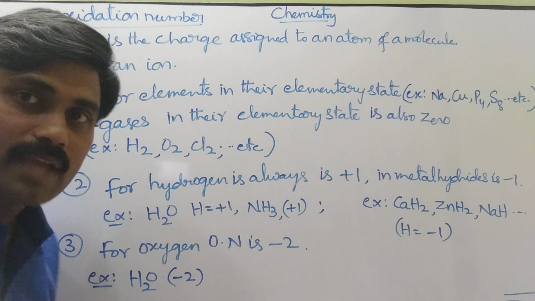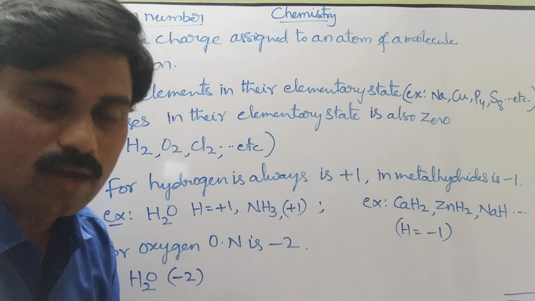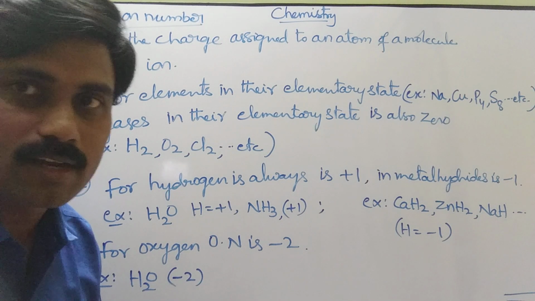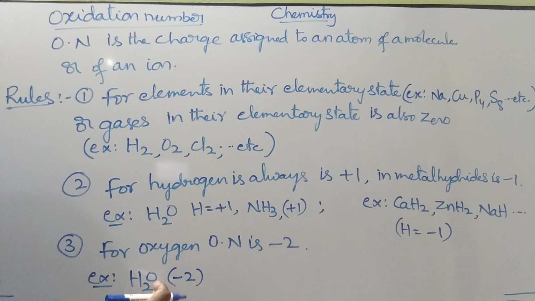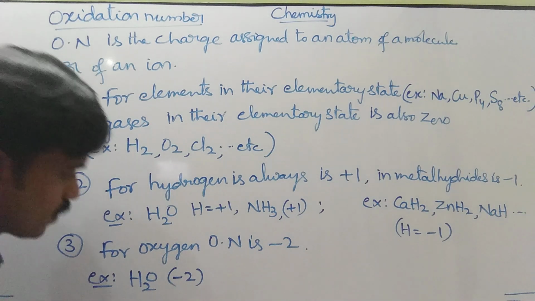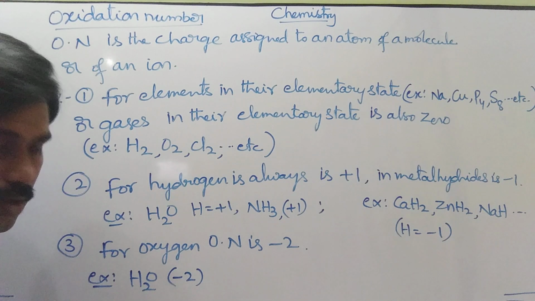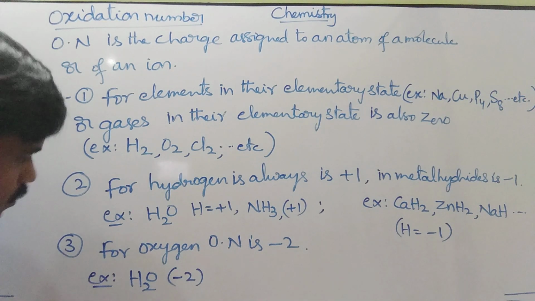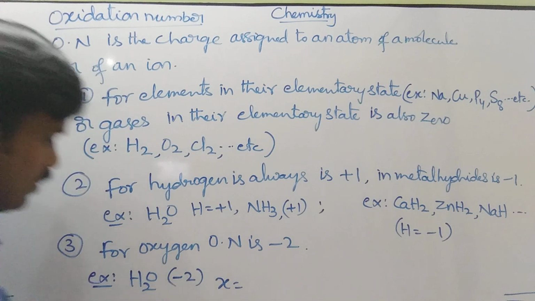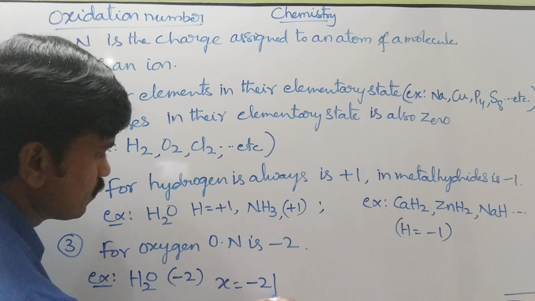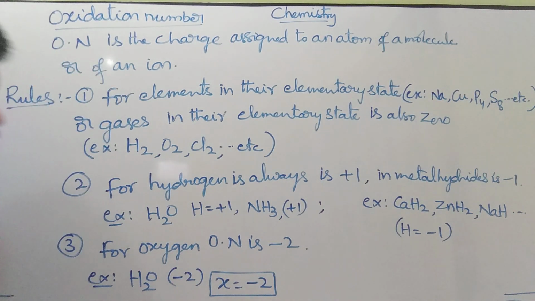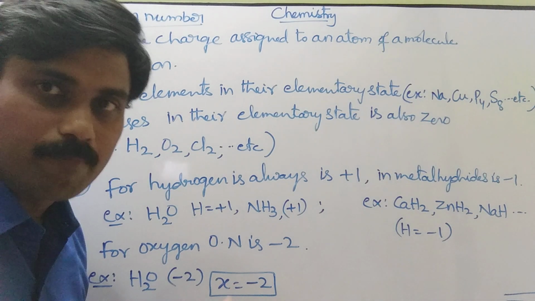We have to calculate the oxidation state of oxygen, that's why oxygen is considered as X. So 2 times +1 plus X is equal to 0. Therefore, X equals -2. So the oxidation state of oxygen in its general oxides is -2.